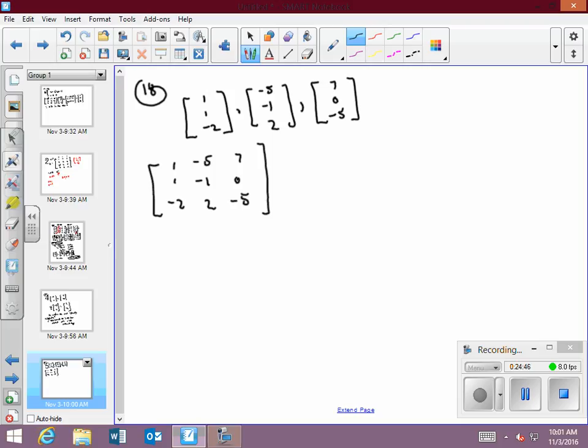And if we do an echelon form of that, and if we have a diagonal of pivot points, then if we go back and look at theorem 8 on that page.